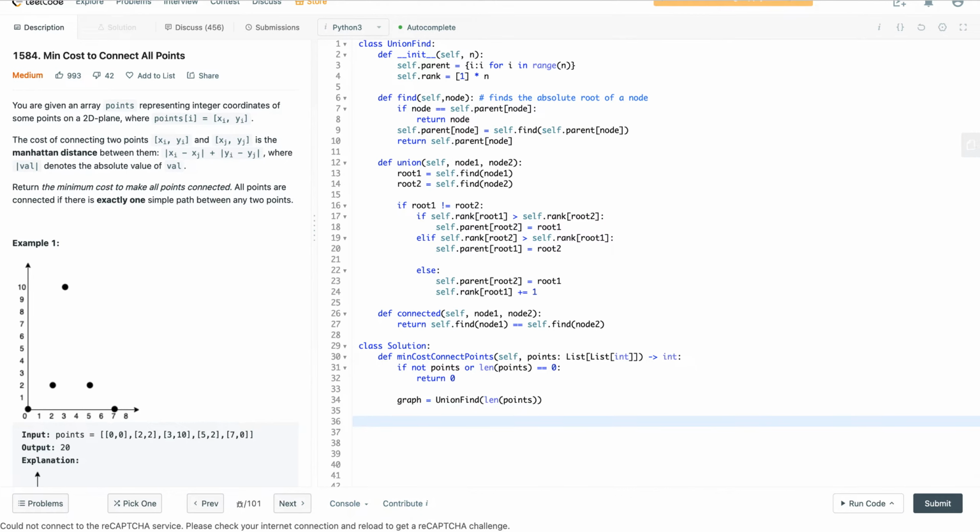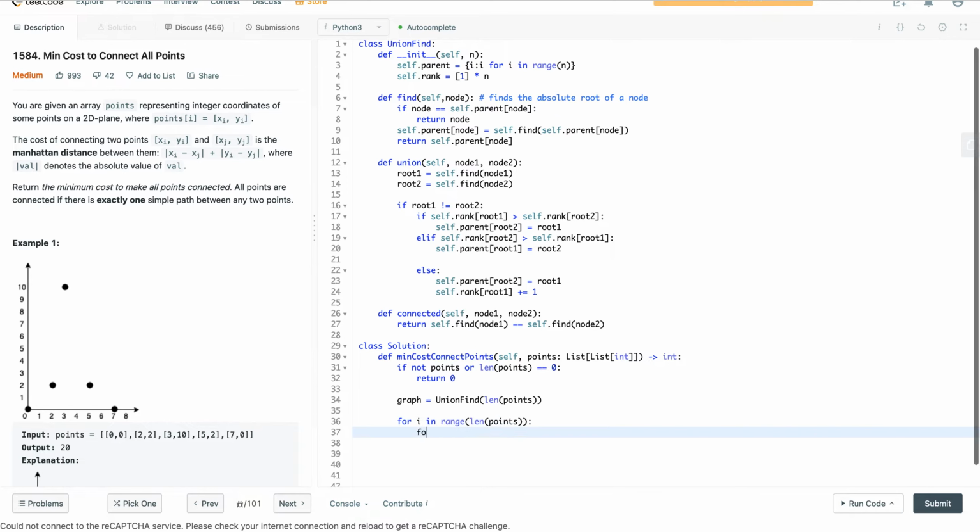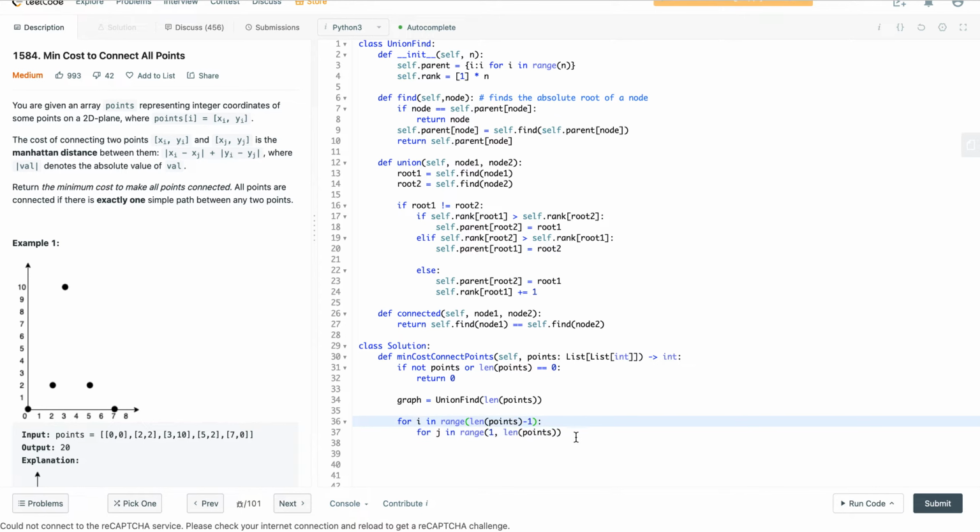And then I can do something like for i in range length of points, for j in range i + 1 to length of points.